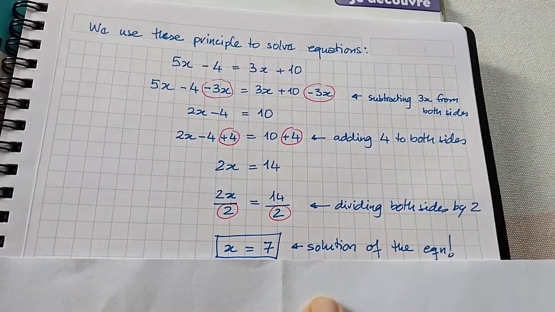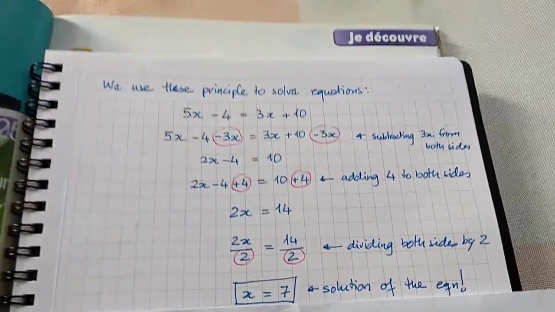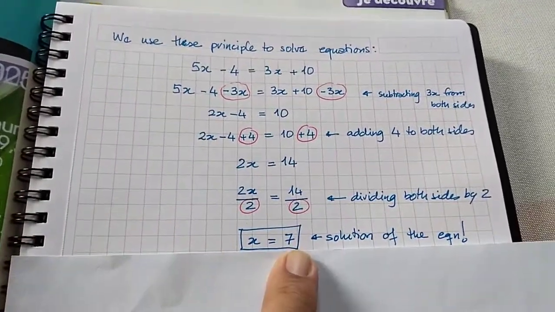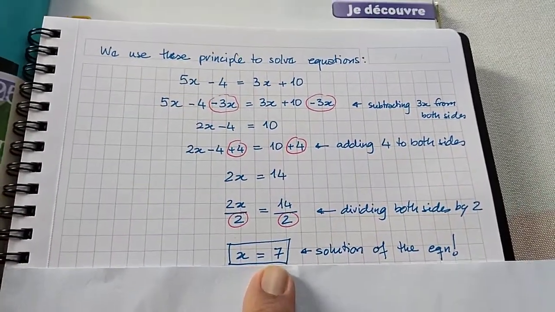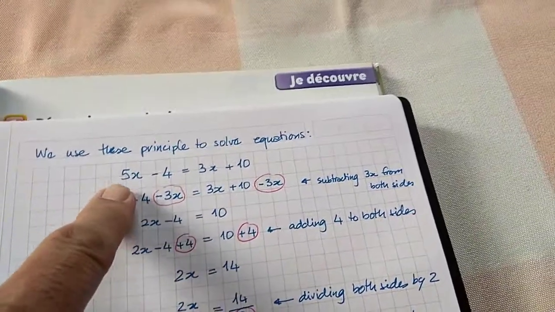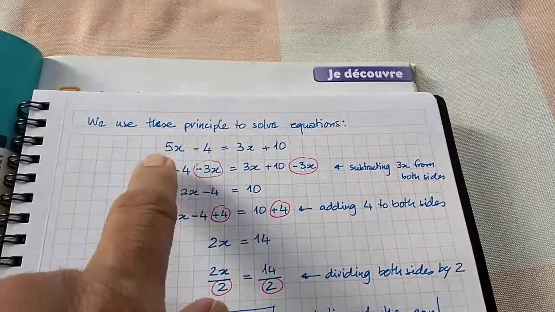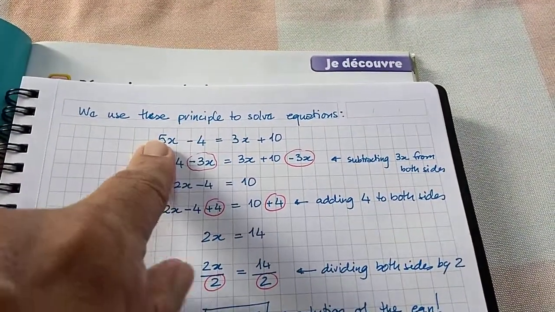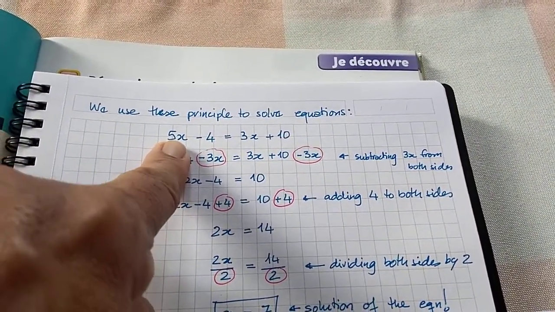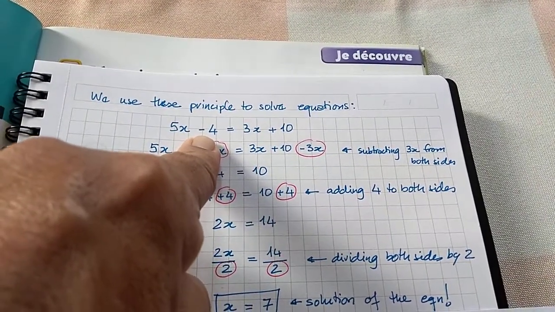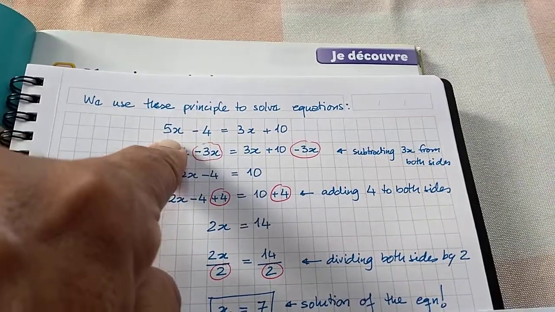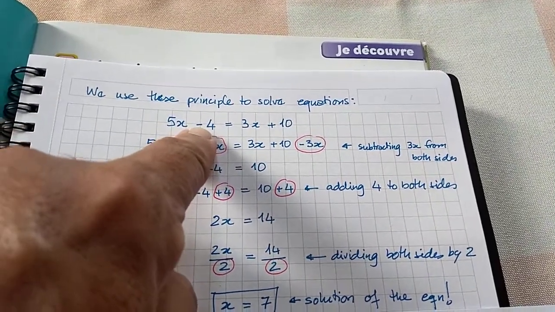of the equation. Now I didn't write it, but to verify the solution of the equation, we can plug this value in, plug is when you replace x with 7. What will the left side become? You'll get 5 into 7, that's 35, minus 4, that's 31. So 31 on the left side.